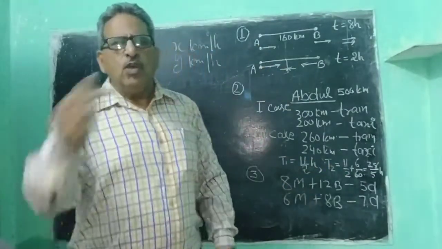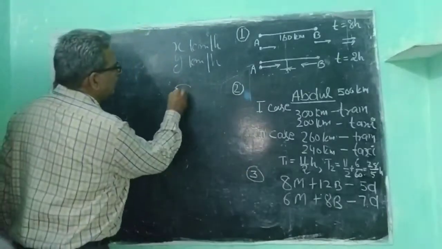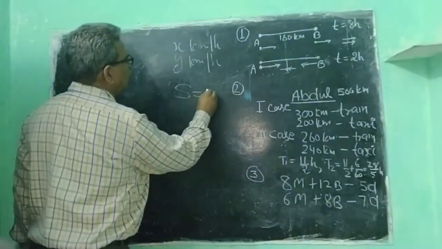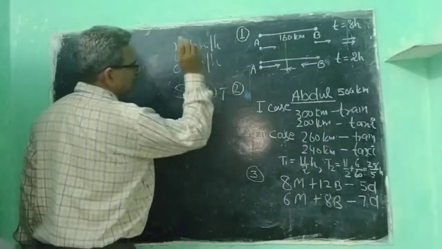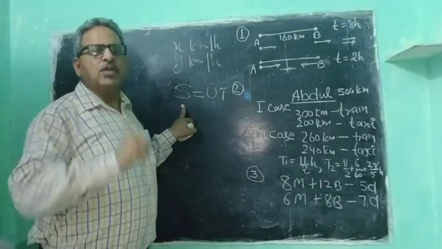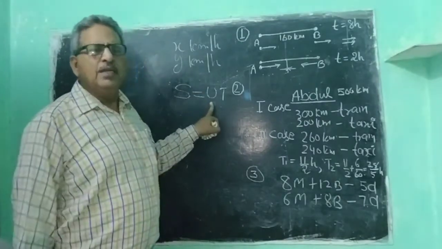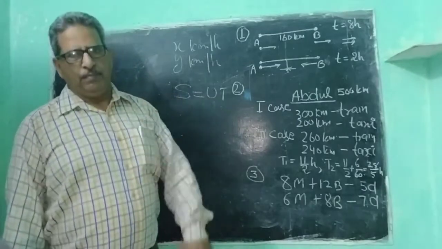Now see, here is one formula. S is equal to ut, that is distance is equal to velocity, that is speed here, into time.